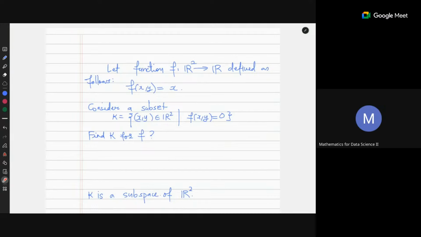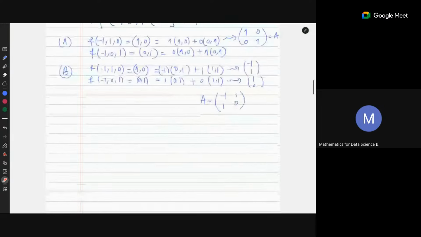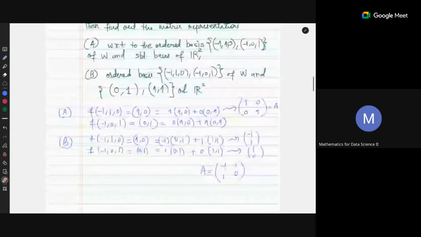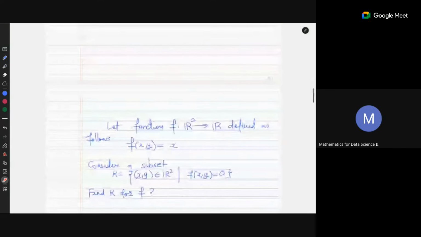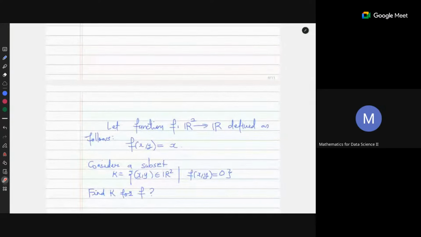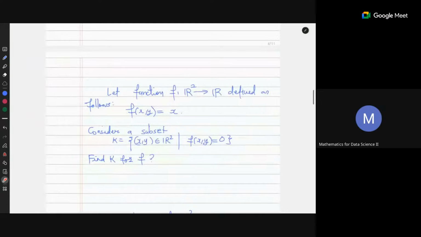So once this matrix representation is clear to all of you, how do we work with that? Now we can look at some subspaces associated with a linear transformation. For that, let us start with a function from R2 to R, defined as follows.